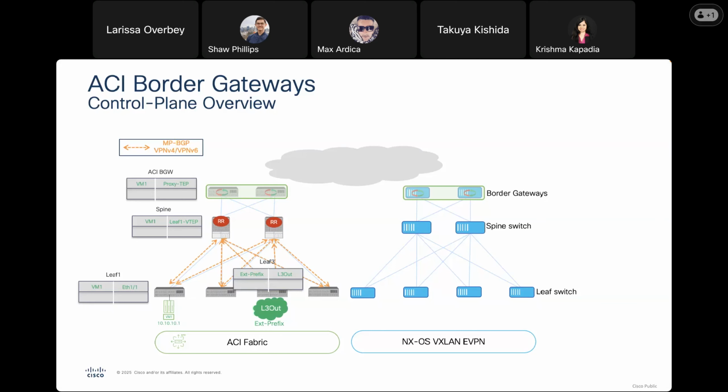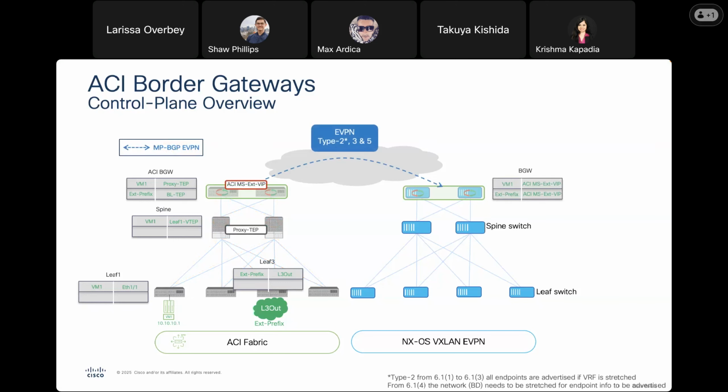We then extend that MP BGP VPN to the border gateways. So now the spines have both the endpoint and external prefixes initially learned from the leafs, and the border gateways will then get this information and have the border leaf TEP as well as the proxy TEP IP, depending on endpoint or L3 out external connect prefix traffic.